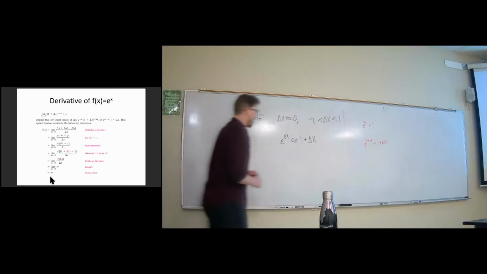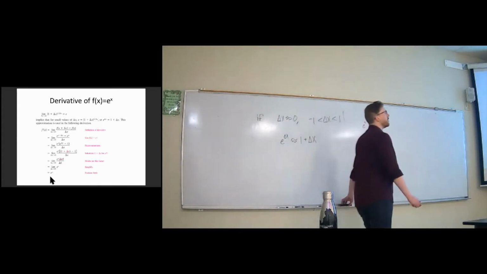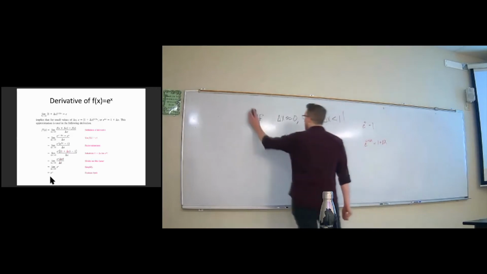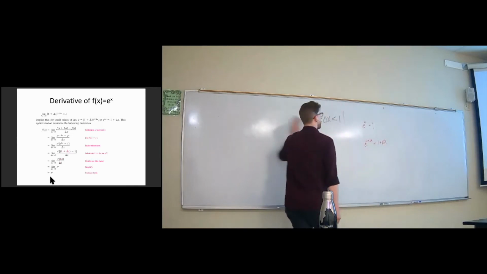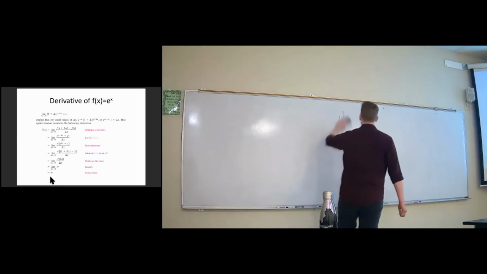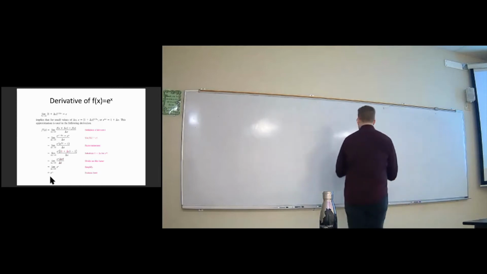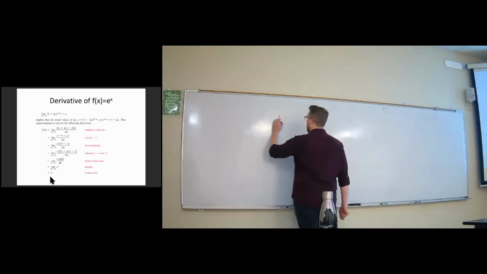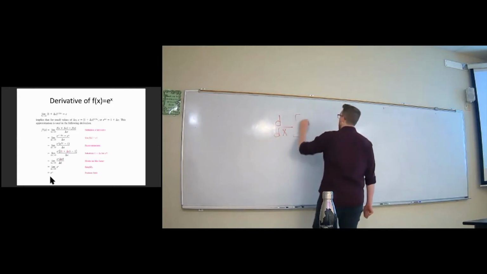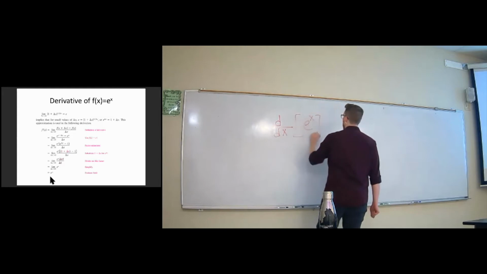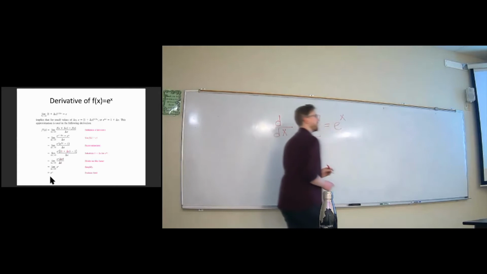I'm trying to think of any other functions that do. There's a few, but not many. This is pretty much the major one that we all care about. So what we are saying here is that d/dx of e to the x is equal to e to the x.